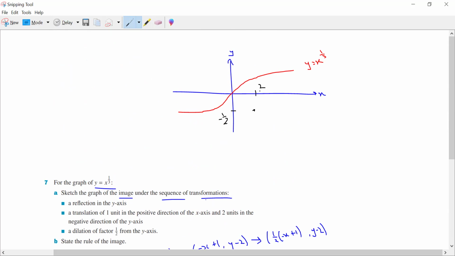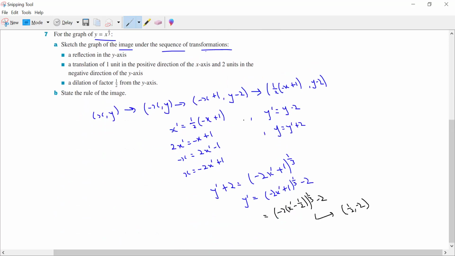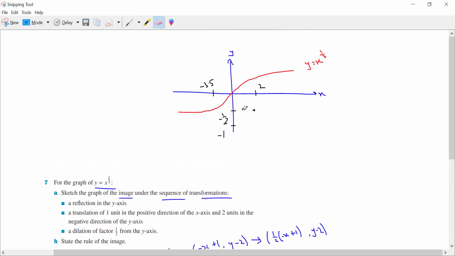And then we also know from the graphics calculator, from the TI-Nspire, this is -3.5 for the x-intercept. And the y-intercept is at -1. So that's -1. Okay, oh sorry. So this is the turning point.